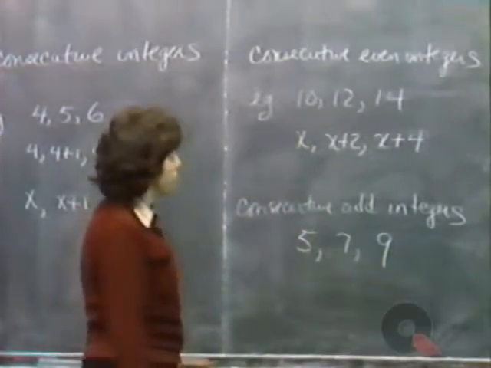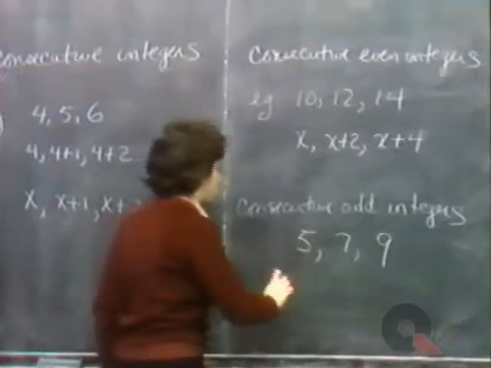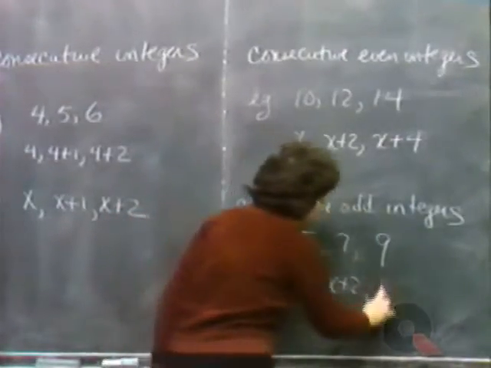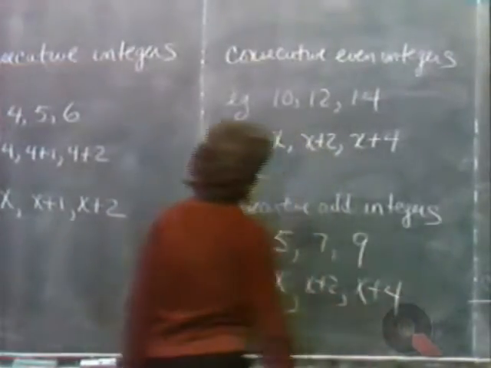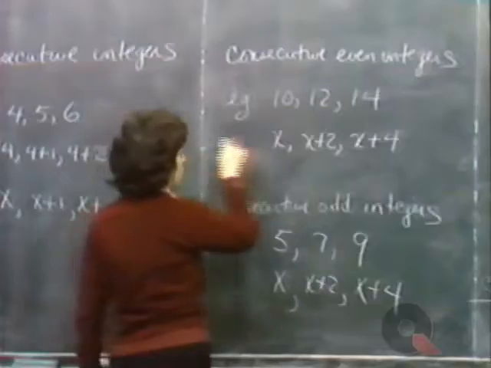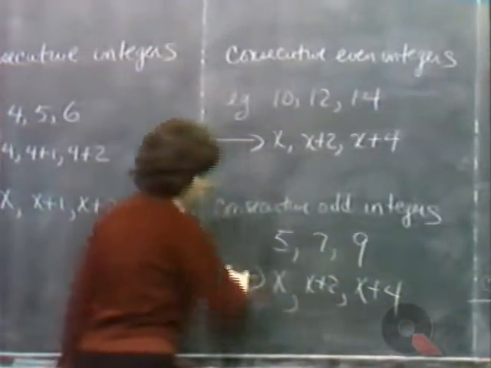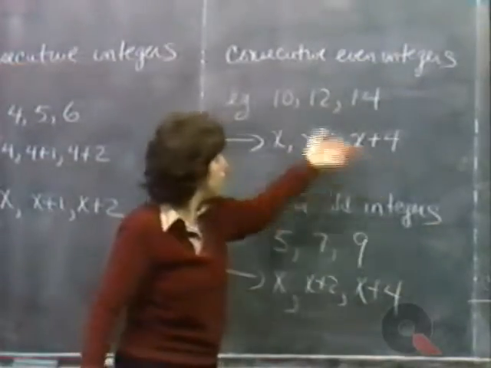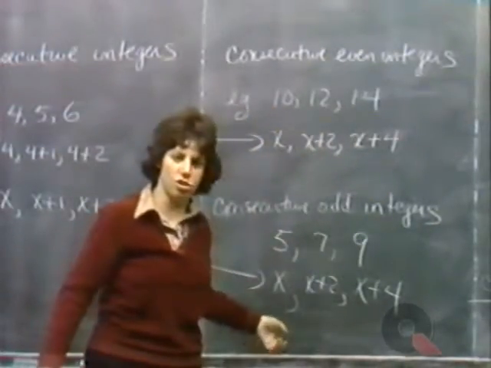If you were to specify the first odd integer in a sequence by x, the one after it would be x plus 2, and the one after that, x plus 4. Now you might say, how come you can use the same setup here, x, x plus 2, x plus 4, for even and for odd integers?